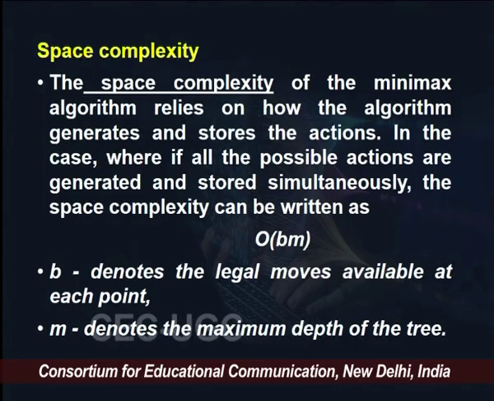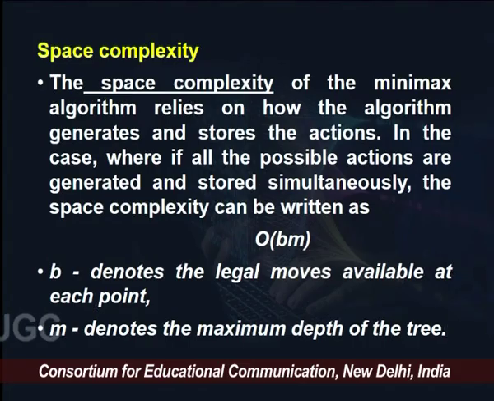In the case where all the possible actions are generated and stored simultaneously, the space complexity can be written as order of b multiplied by m, where again b denotes the legal moves available at each point and m denotes the maximum depth of the tree. So, the time complexity was order of b to the power m, while your space complexity is order of b multiplied by m, or order bm. So, this is about the time and space complexity of the minimax algorithm.